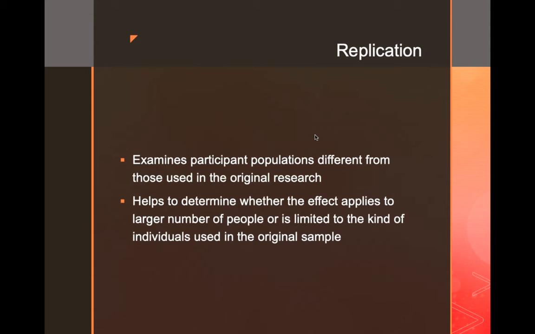So, replication. It's important to see that our field is currently suffering from this. There are a lot of studies that aren't being replicated in the manner that they're supposed to be replicated.